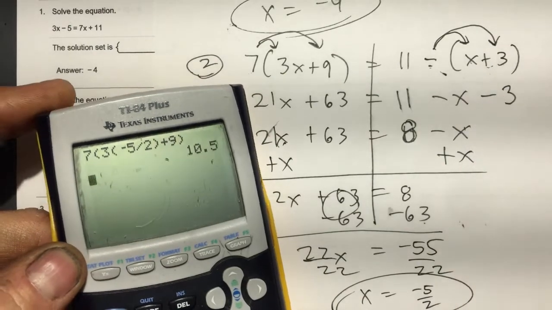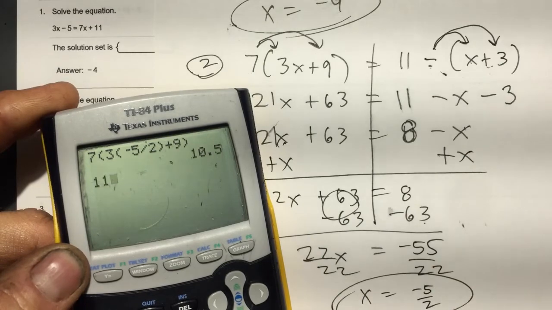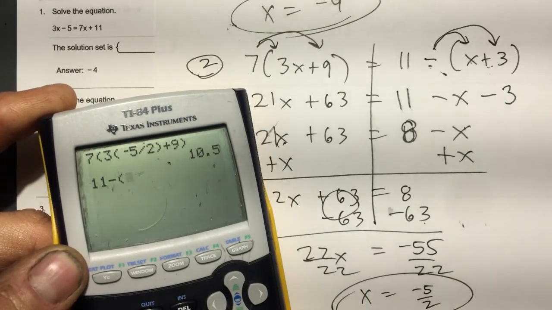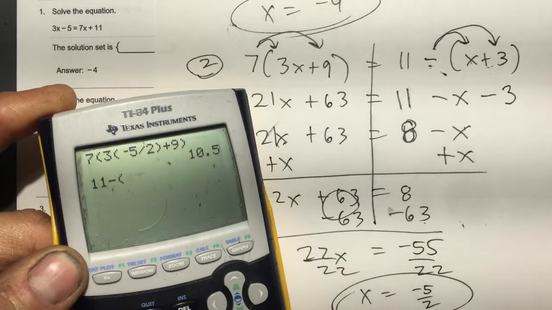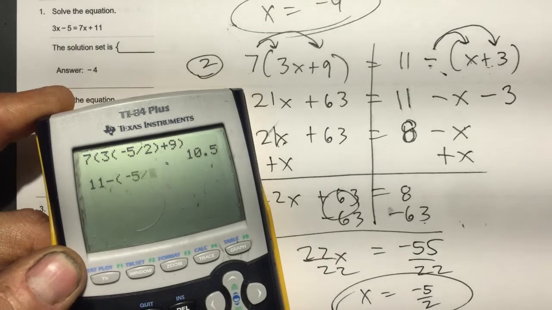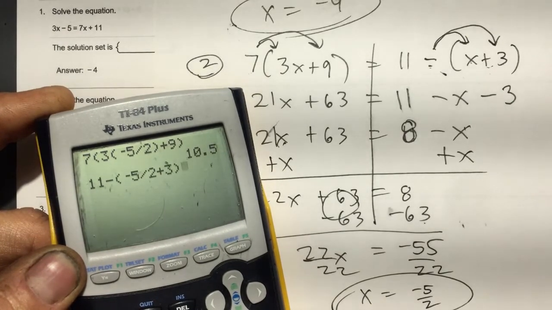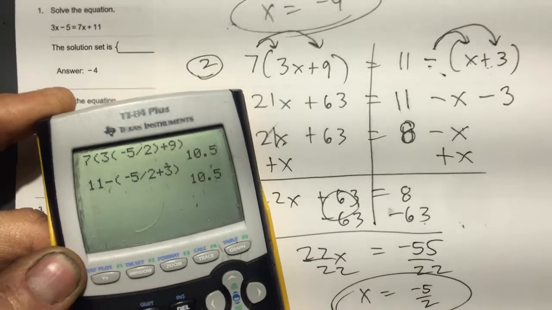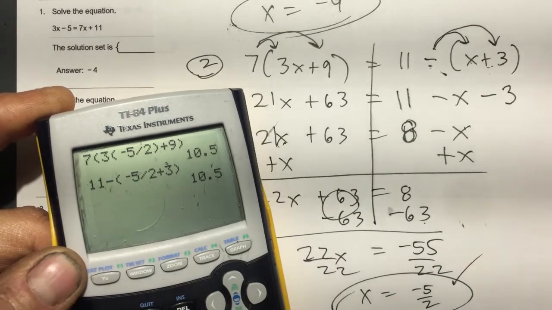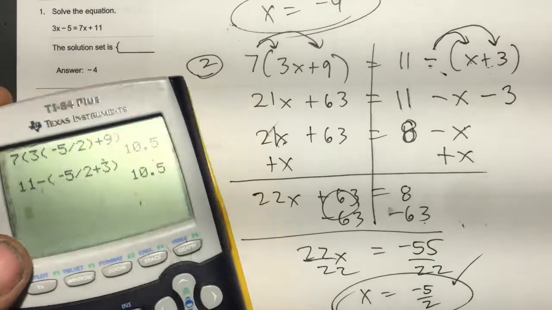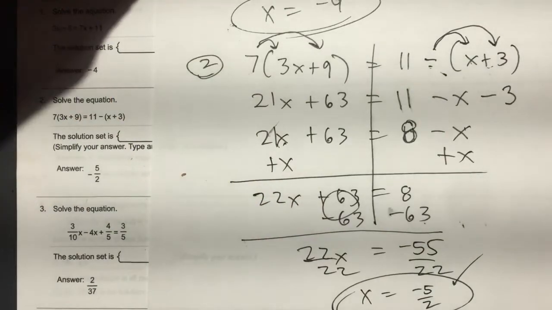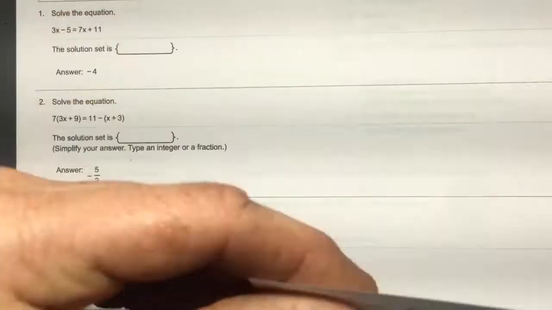I should get that over here. Let's see here. 11 minus, and then I got parentheses, then I got negative 5 over 2 plus 3, parentheses, 10.5. I got the same thing on both sides, so it tells me my solution is correct. All right, so that's what you want to do on this test. Check and make sure your answers are right.